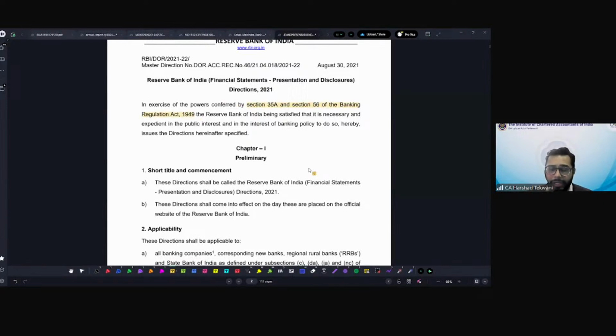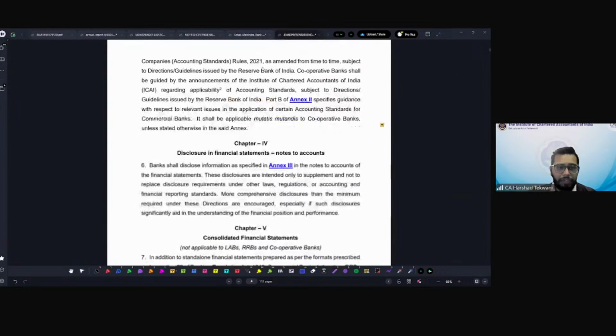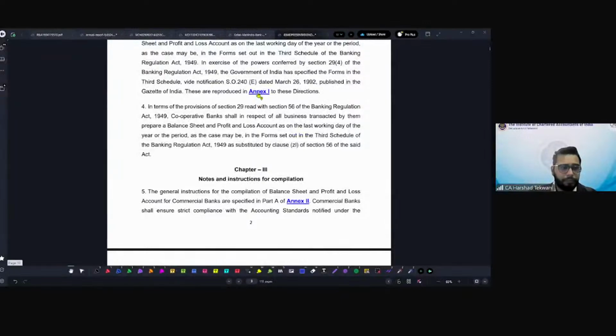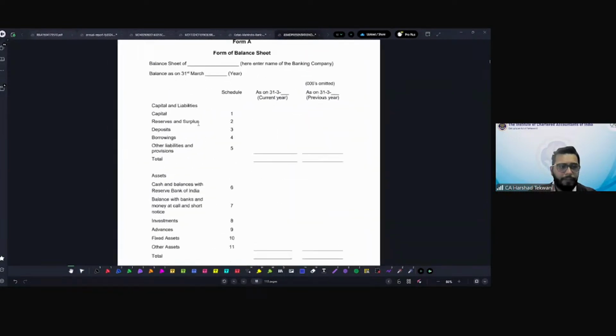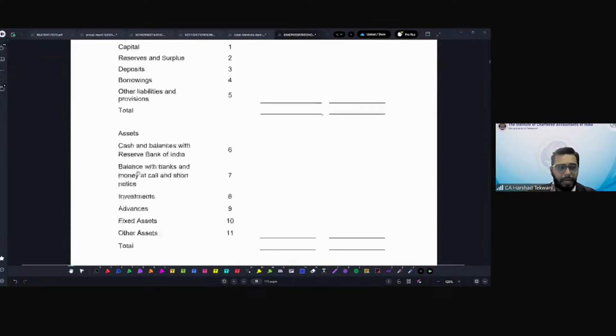This is where the particular reporting requirement lies, and over there RBI holds the power to issue directions, and they have issued the direction on what should be the format of the balance sheet in terms of section 29 of the Banking Regulation Act. I'll just take you to Annexure 1. See, this is the format of the balance sheet of a commercial bank, capital, assets, and everything.